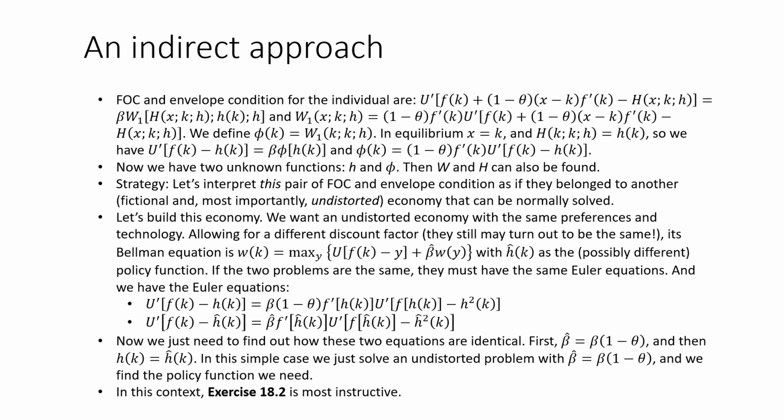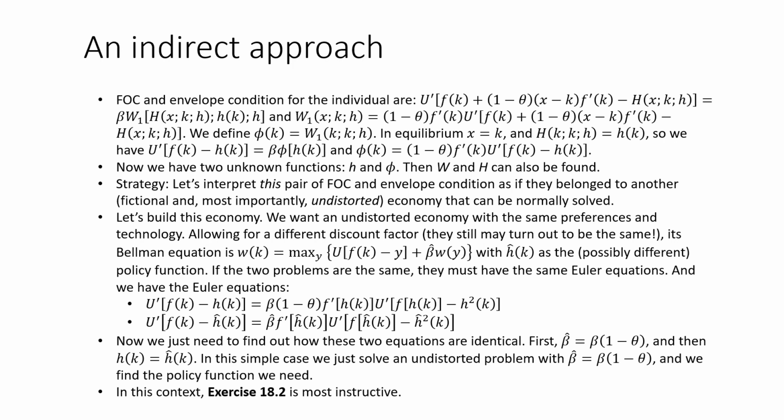Let's interpret this pair of the first order condition and envelope condition as if they belonged to another, fictional and undistorted economy. This is the most important aspect of the strategy. This is supposed to be an undistorted economy that can be solved by the standard methods. And once again, as I have mentioned in the introduction, if we can solve this undistorted economy, we can infer the solutions to the distorted economy. So let's build this economy.